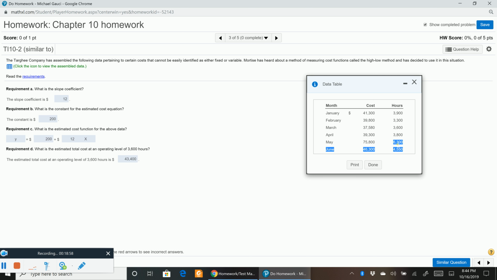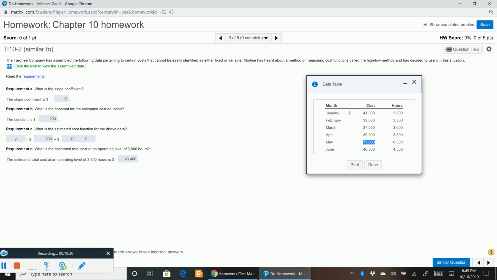So if the variable cost is 75,600 at this level, and the total is 75,800, the difference is $200. That will be the fixed cost. Okay? You could do the same thing for the low level. You're going to get the same answer, which is 200. So our cost formula is y, the total cost, equals the fixed cost of $200 plus the variable cost per unit, $12 per unit.